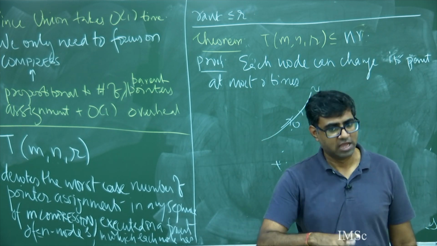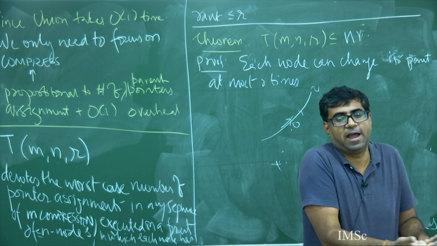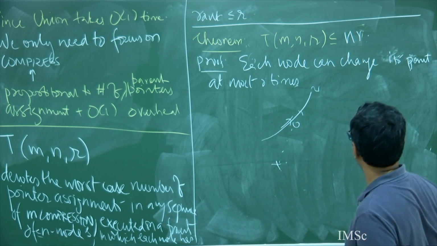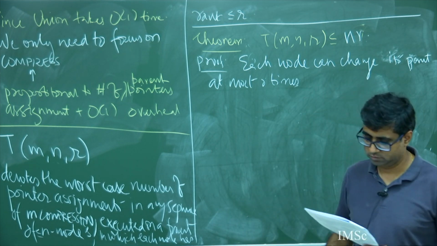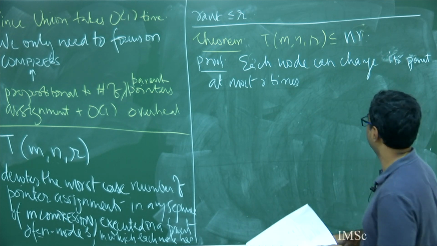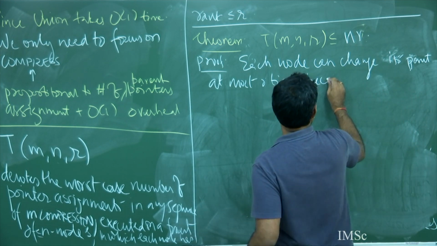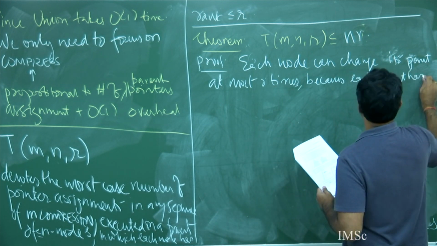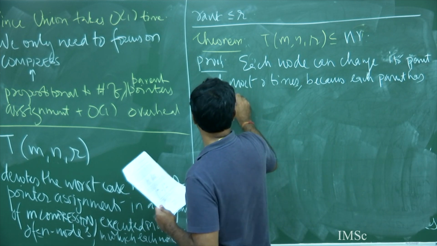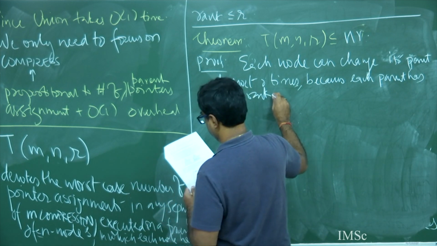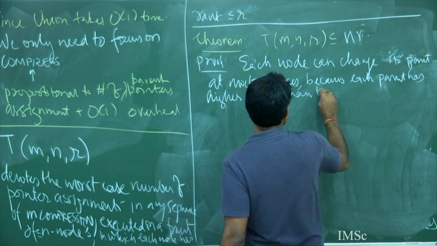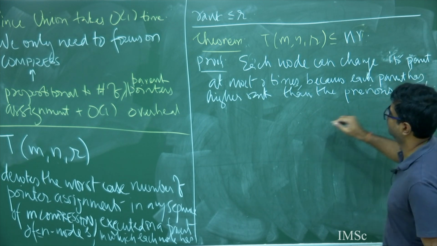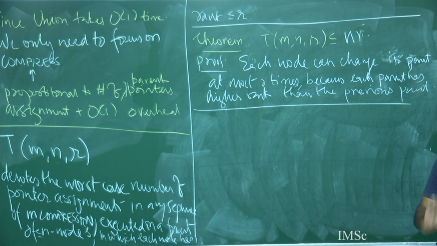So we don't look at each sequence of operations; we have divided its hard work over all nodes. Because each parent has higher rank than the previous parent. And that's it. This is a one-line argument. There's nothing more than this.